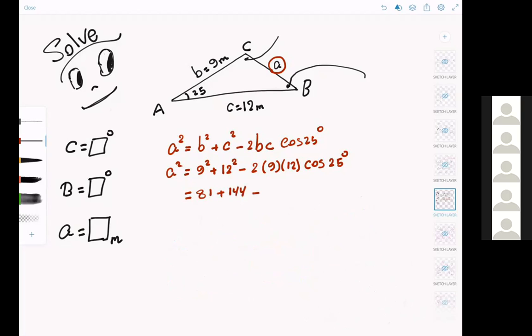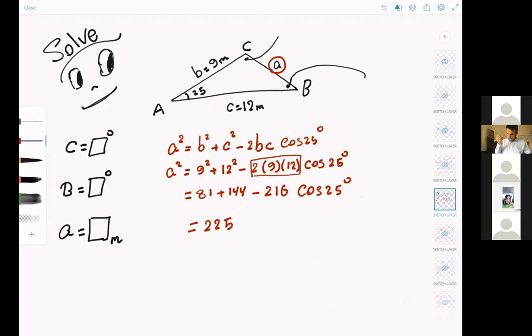I need you guys' help for multiplying: 2 times 9 is 18. What is 18 times 12? 216. Cosine of 25 degrees. 81 plus 144 is 225, I think so. Minus 216 cosine of 25.